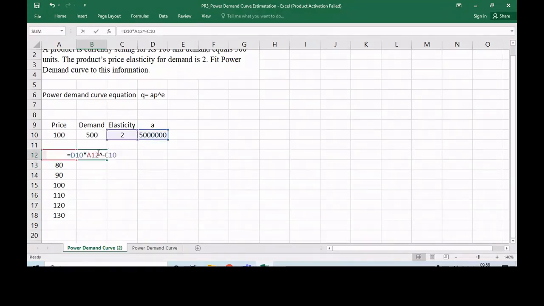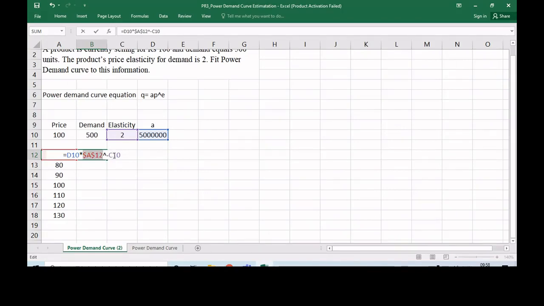Now you must know that there is a concept called relative formula and absolute formula. In this case, I do not want the value of this elasticity and the value of this A to change when I copy and paste the formula in other cells. So I am making these values absolute by adding the dollar sign. So I have done $A$12.